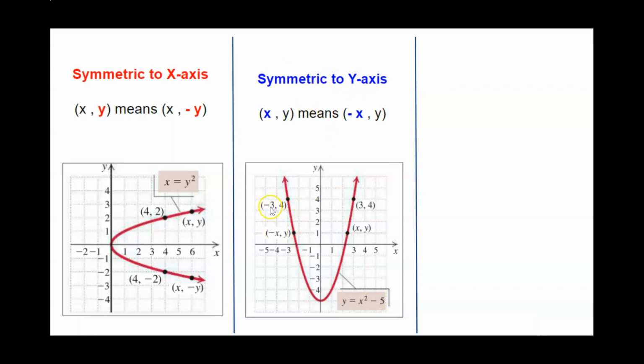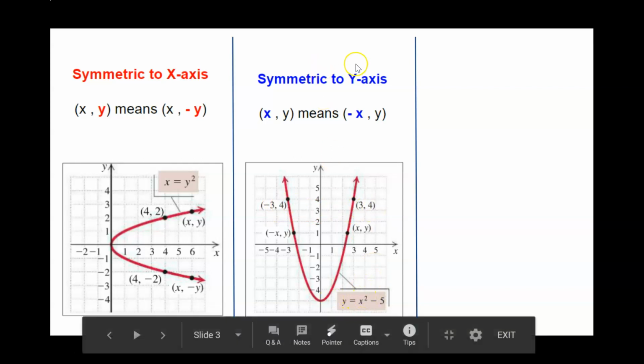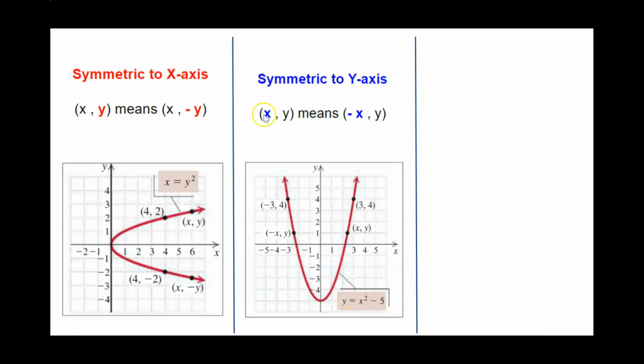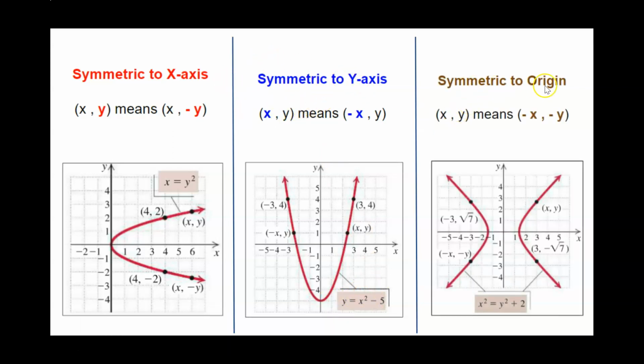So this one here, originally it was negative 3, 4, but this here is positive 3, 4. Because the x's change the sign, and the y's still remain 4, then we know this equation is symmetric to the y-axis. The last one, for the origin, is if both of them change.